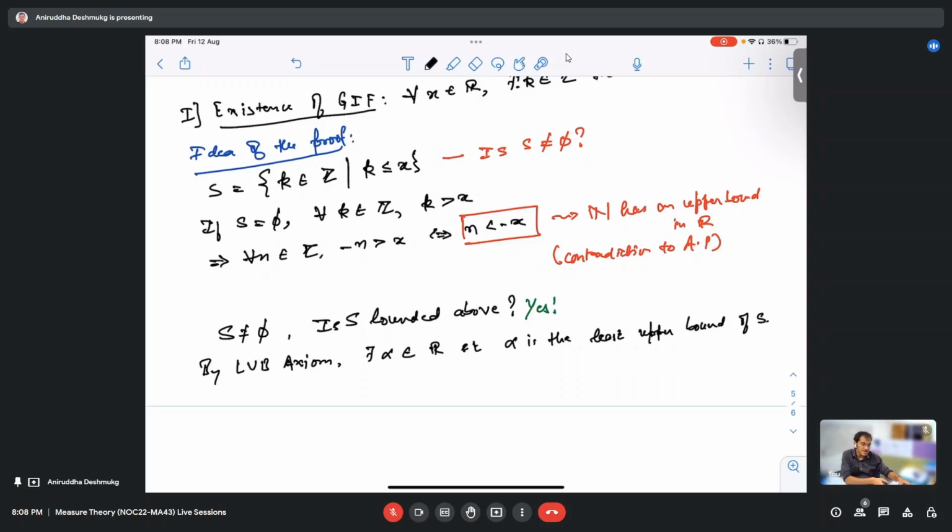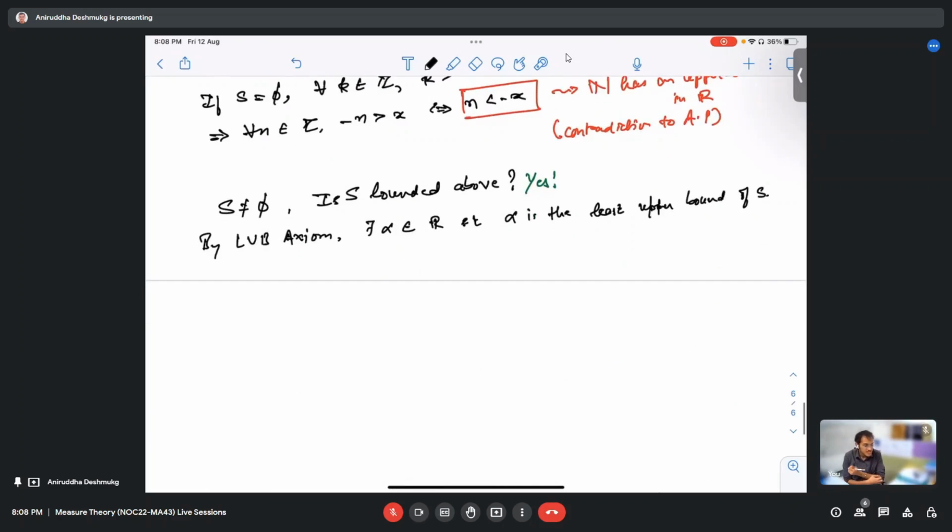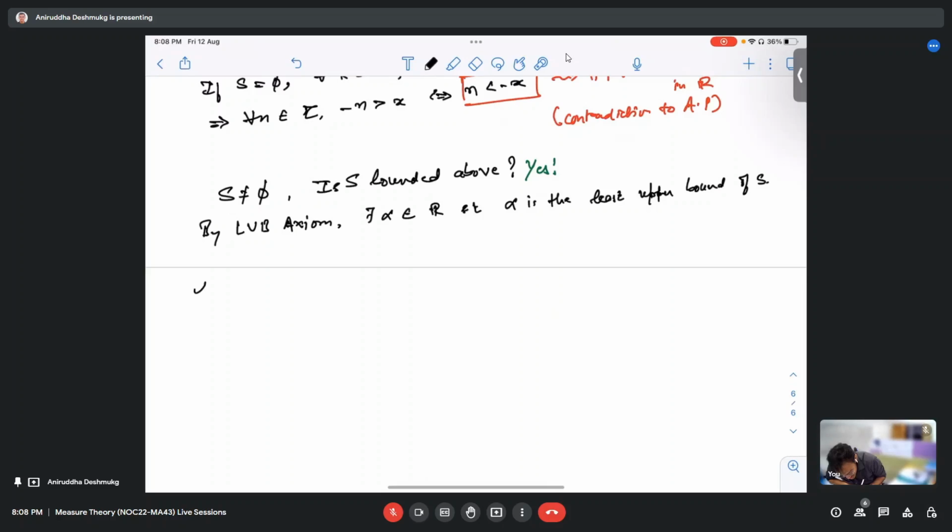So from here, I am not saying that this alpha is in S. I am only saying that this alpha belongs to R. From here, what we want to do is construct some integer k such that x lies between k and k plus 1. So for that, let us look at alpha minus 1.